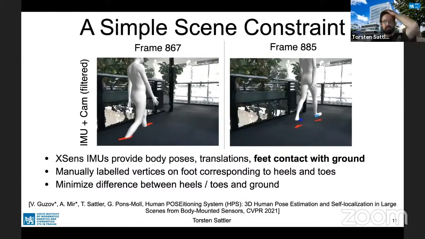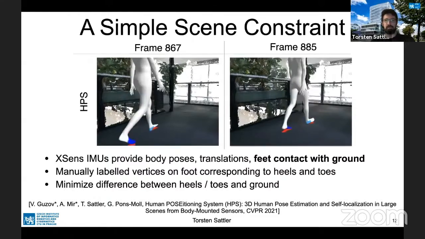And then for the foot that's touching the ground, we essentially try to minimize the difference between the vertex position of the toe or the heel and the ground. And that's a very simple way of adding a scene constraint, but it essentially avoids that the human is doing this bobbing motion, walking in and out of the floor.